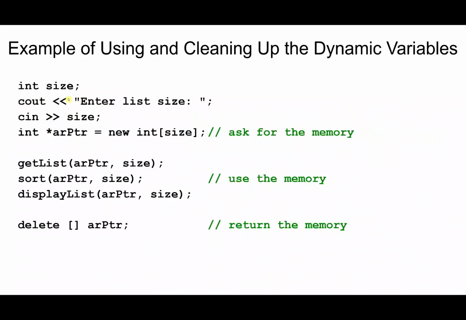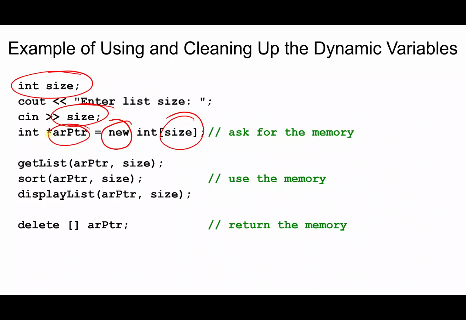So here's an example of using and cleaning up dynamic variables. We ask for the size from the user. Assuming the size was 10, we ask for 10 locations, basically an array of 10 elements in the heap, and the operating system replied with the pointer or the address, and we stored it in the pointer.